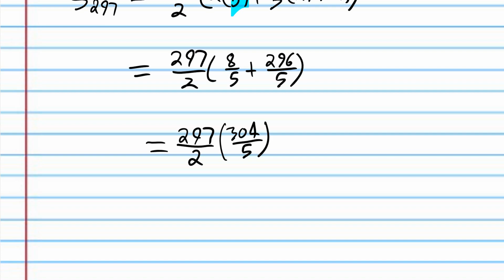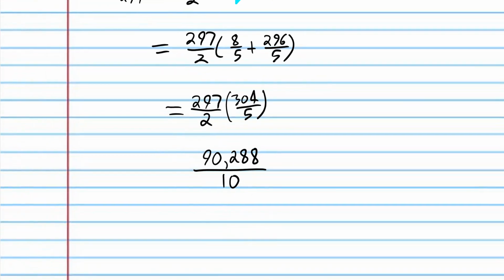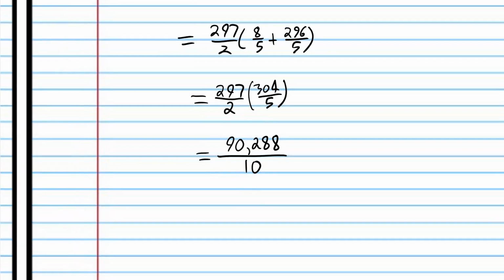So 297 times 304 is 90,288, and don't be afraid to use your calculator, obviously. So then we're going to divide that by 10, and it looks like this is a manageable number.